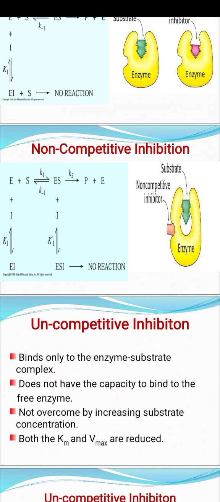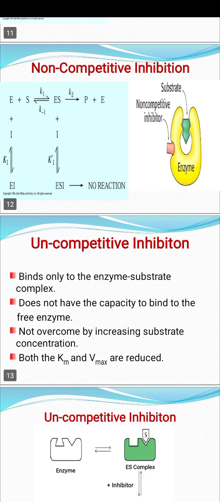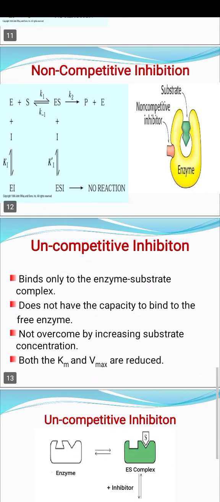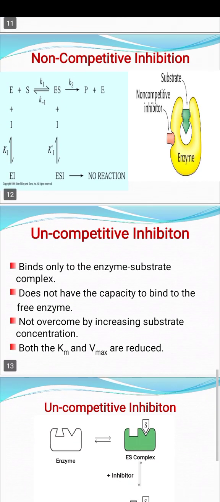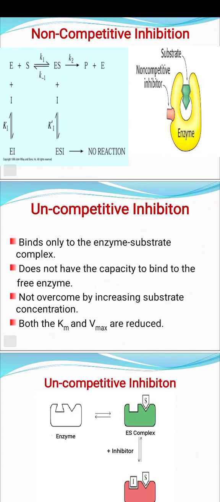Now, uncompetitive inhibition. In this, the inhibitor does not combine with the free enzyme or affect its reaction with the normal substrate. However, it combines with the ES complex to give an inactive ESI complex which cannot undergo further reaction to yield a normal product.